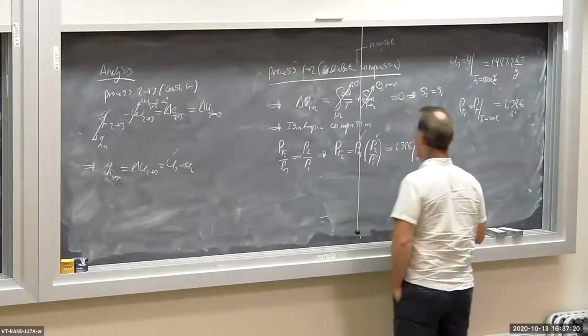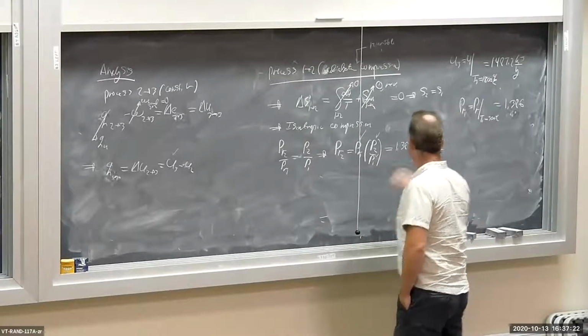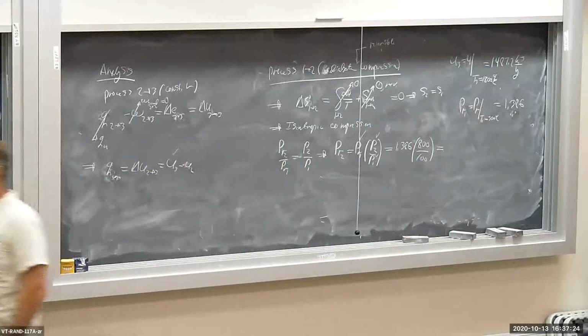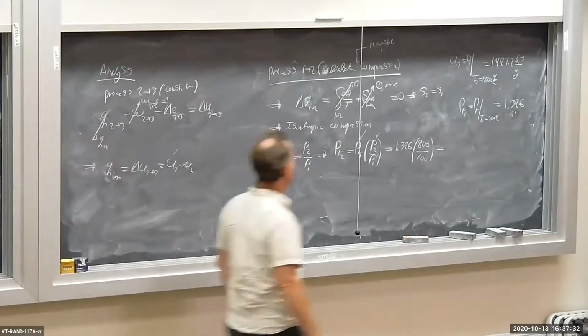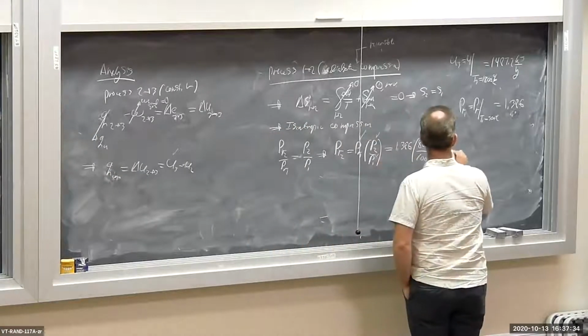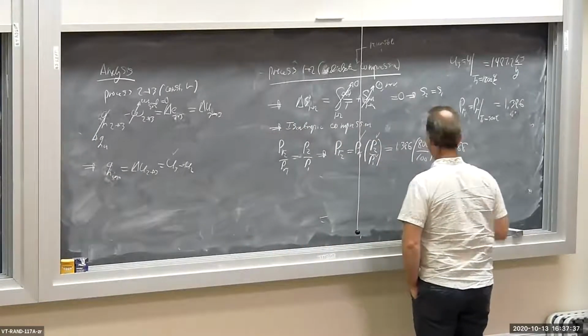The kPa's cancel out, and I get 8 times 1.386, which is 11.088.